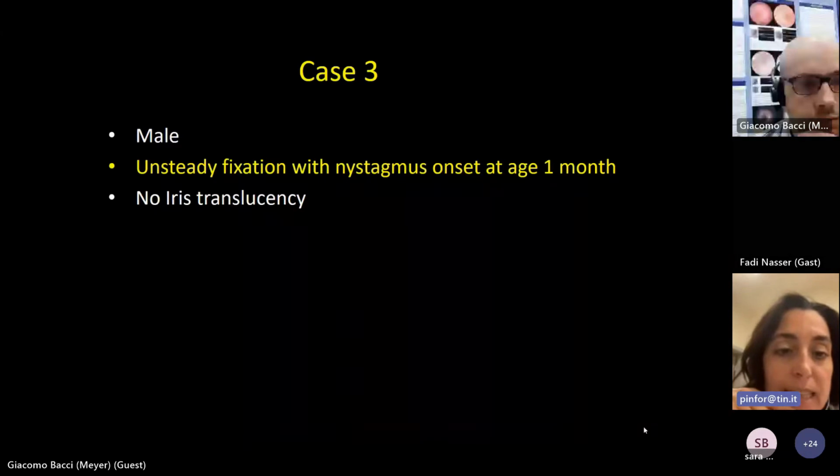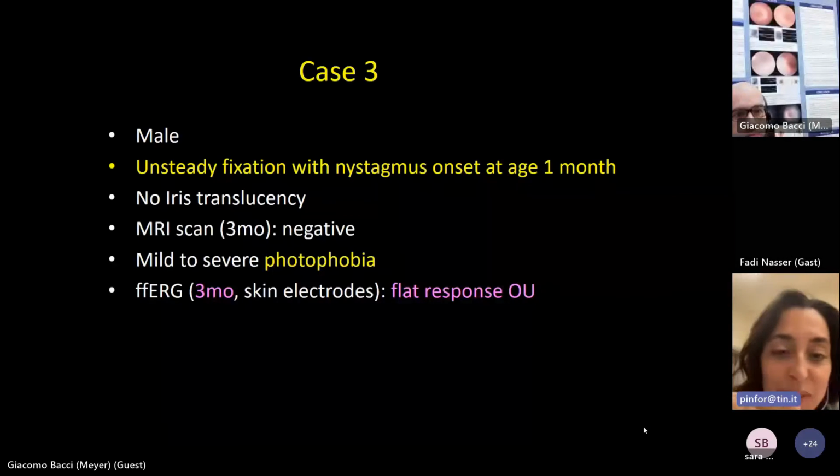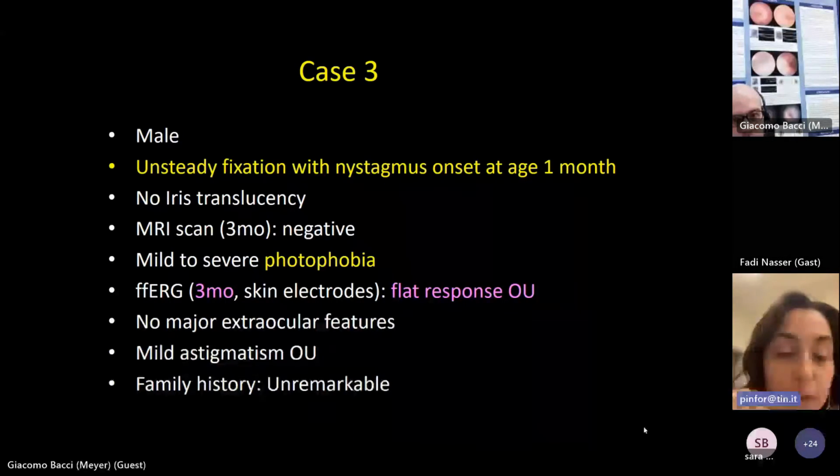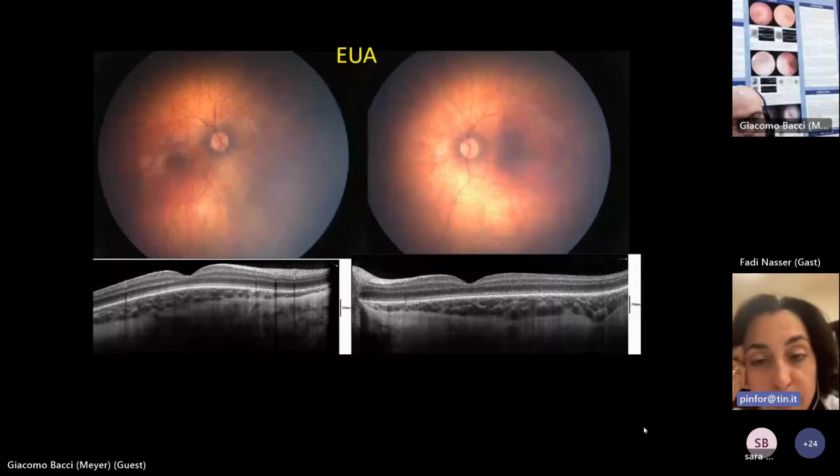A male with unsteady fixation with nystagmus onset at age 1 month, no iris translucency, mild to severe photophobia, a flat ERG response or photopic unit, no major extraocular features, mild astigmatism, and unremarkable family history. Now, this is the fundus ophthalmoscopy and OCT exam.